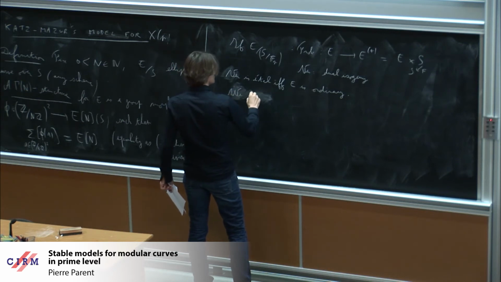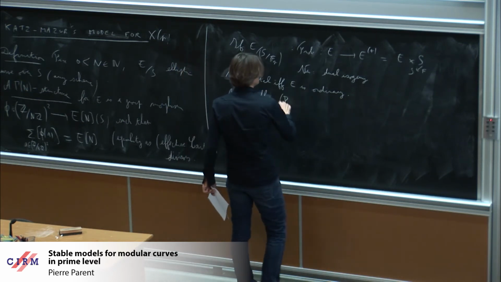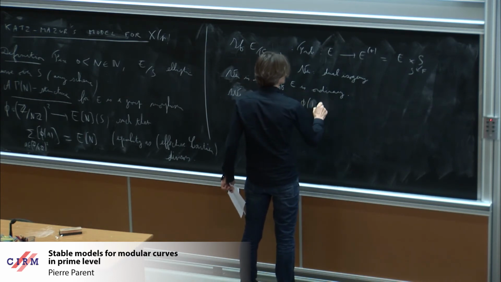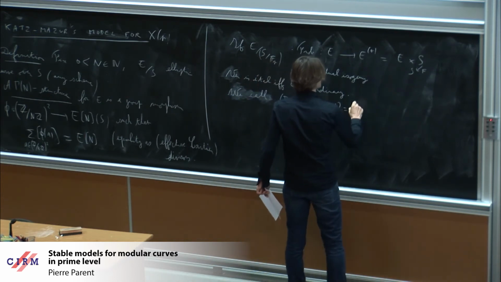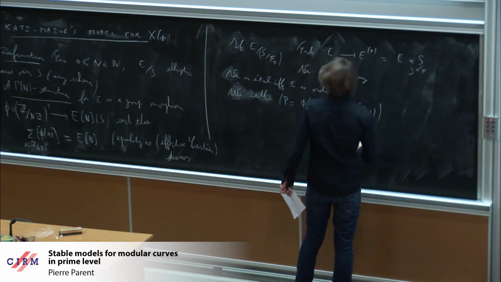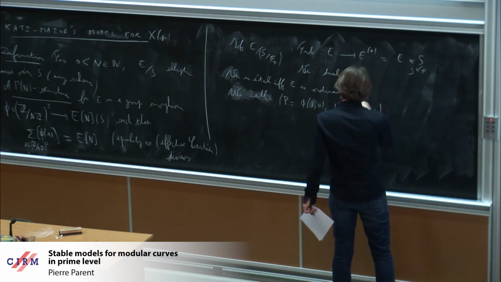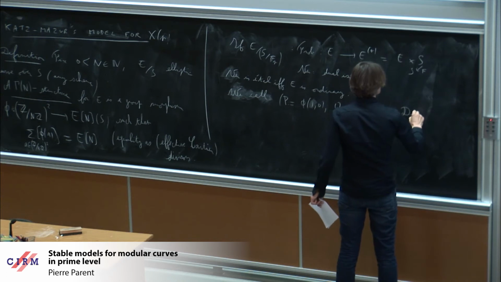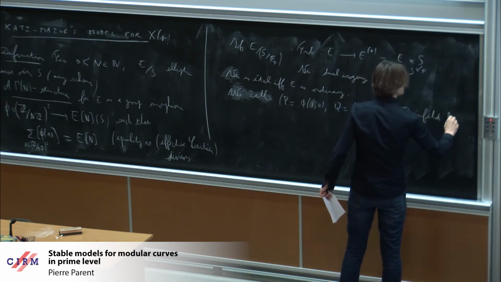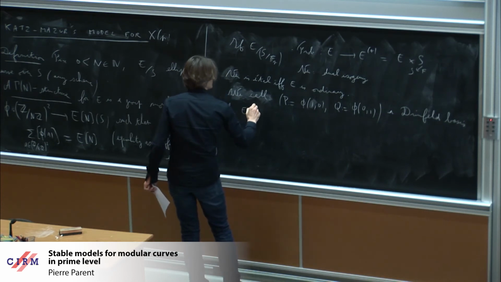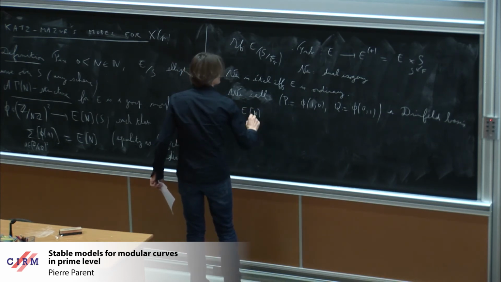introduce another definition. We call P and Q the images of the canonical basis of (Z/nZ)^2 I have here; we call such a set a Drinfeld basis, a Drinfeld basis for E[n].